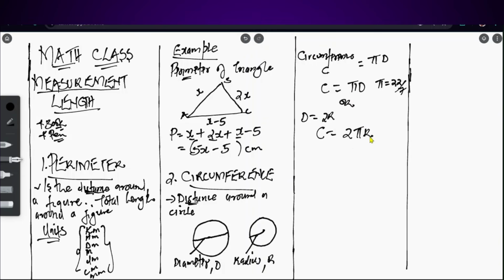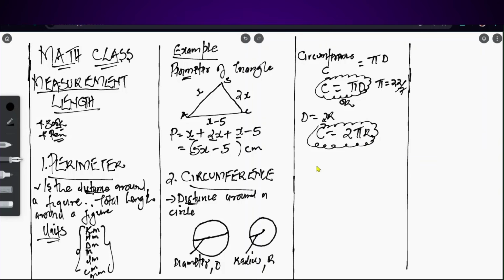Capital R stands for radius. So circumference can either be given by pi d, or by 2 pi r. If the question gives you diameter, then pi d is the easier one to use. But if the question gives you radius, then 2 pi r is the easier one to use.